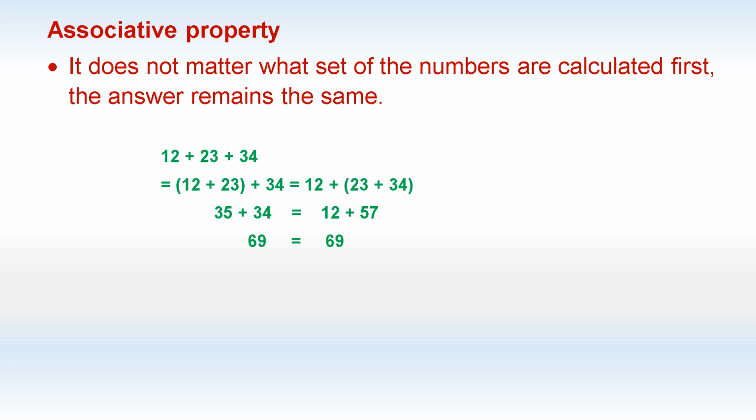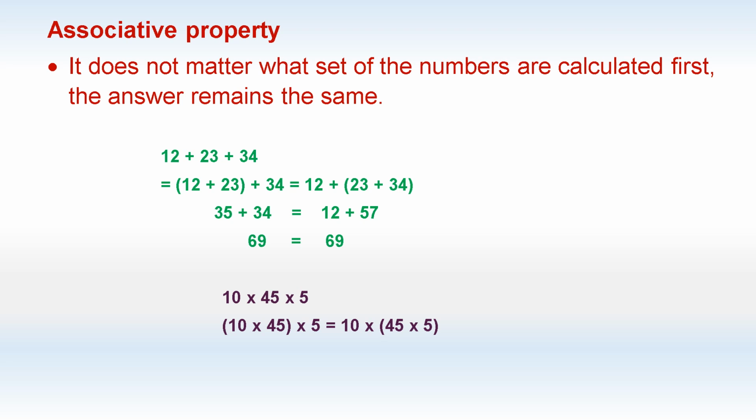Now let's look at multiplication. If I had 10 times 45 times 5, if I grouped the 10 and 45 together and left out the 5, so that means I put in brackets 10 times 45 and then times 5. And if we multiplied grouping 45 times 5 together, so we put in brackets 45 times 5.